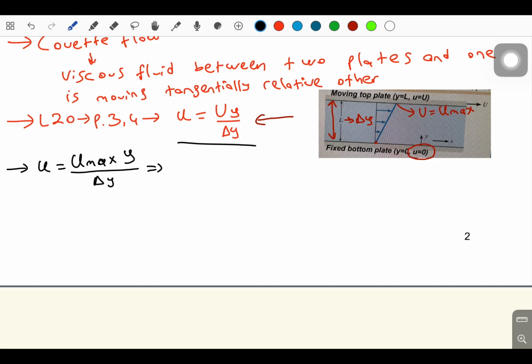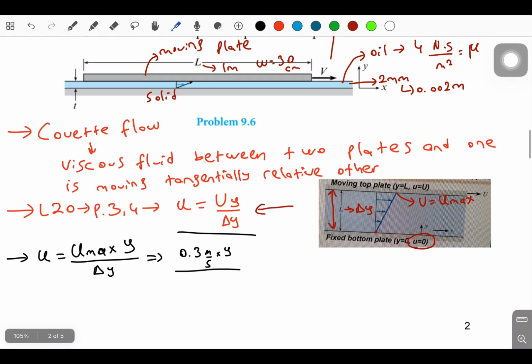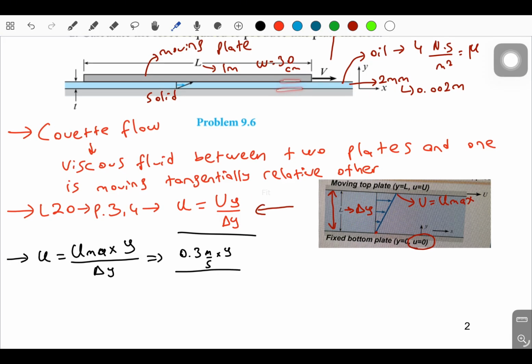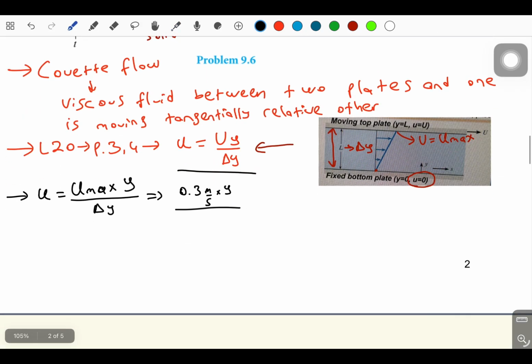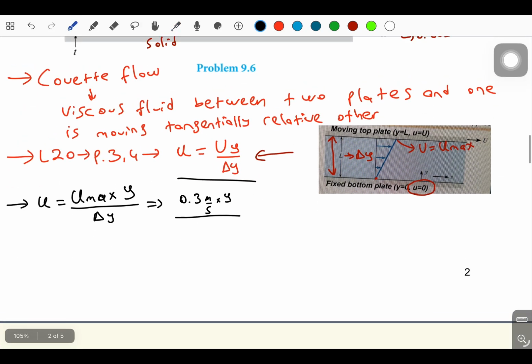So U max is given as 0.3 meter per second times y, over delta y, which is the distance between the two plates, or this distance. It is given as 2 millimeter, or 0.002 meter.